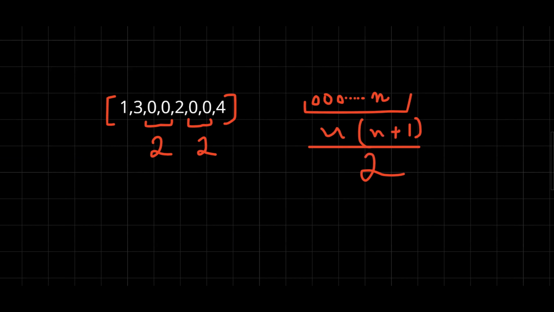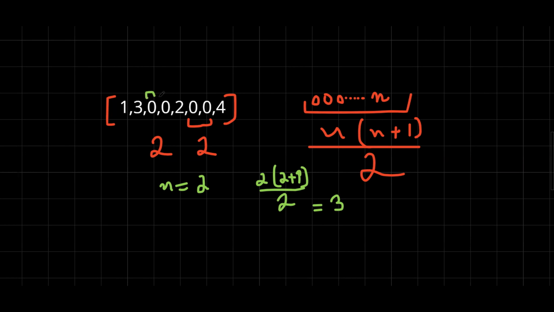In the given example, in this subarray the value of n is equal to 2. So n times n plus 1, that means 2 times 2 plus 1, which is 2 times 3 divided by 2. That means it is equal to 3. So this subarray has 3 continuous subarrays which have all elements 0.